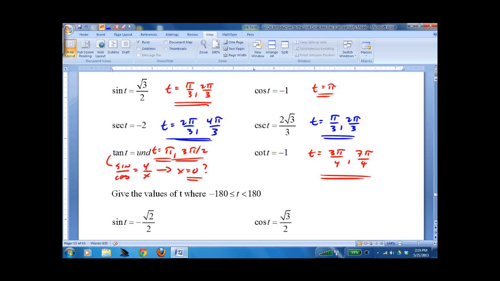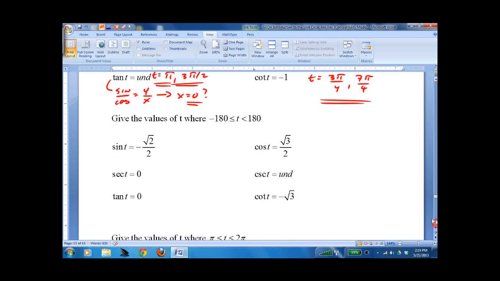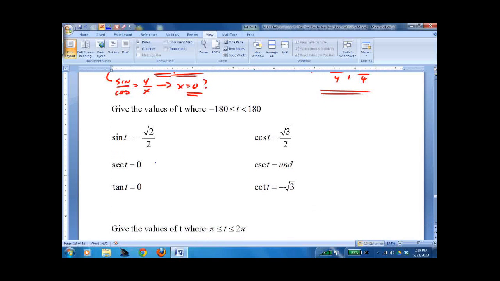So there's your first 6. Pause it if you want to write them down. Here's 6 more. Give it a shot. One of them is frustrating, so don't get hung up on it. Now I'll do them.